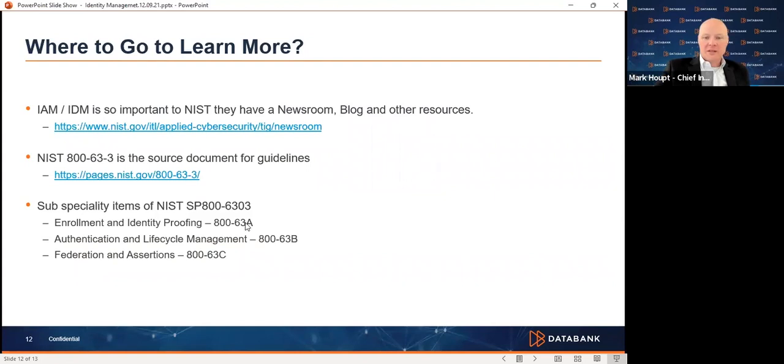There's a document 63A that teaches you how to identify and prove an individual, how to enroll them. 63B talks about the life cycle that we just talked about quite extensively here, and 63C gets into some more higher-end stuff where we do federated situations. In other words, where our directory is out there in the world so we can log into web applications and so on and so forth.